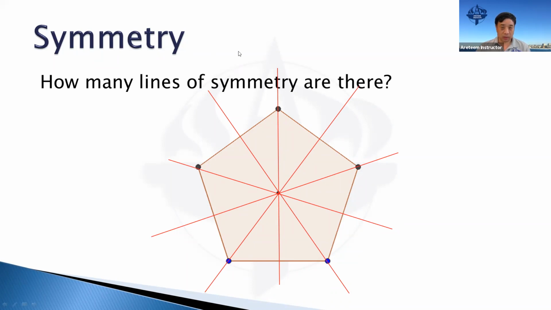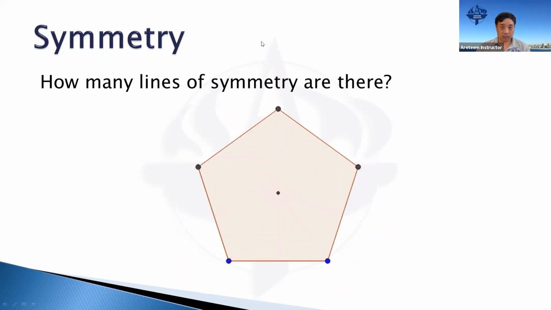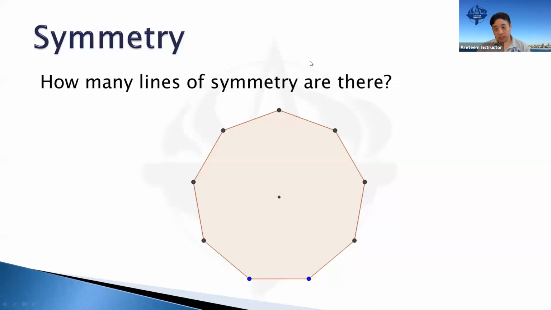Let's see another one. You guys tell me, how many different lines of symmetry are there? 9?